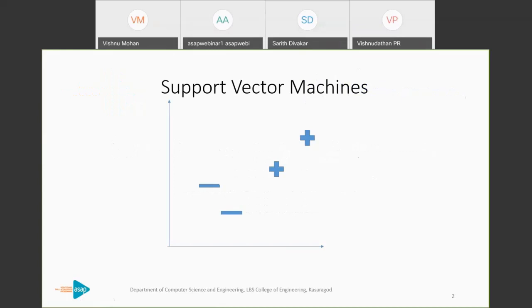Consider this vector space. Here you can see there are features. These features are labeled positive and these features are labeled negative.